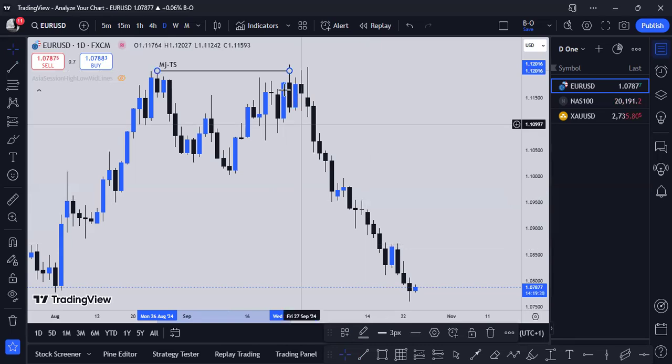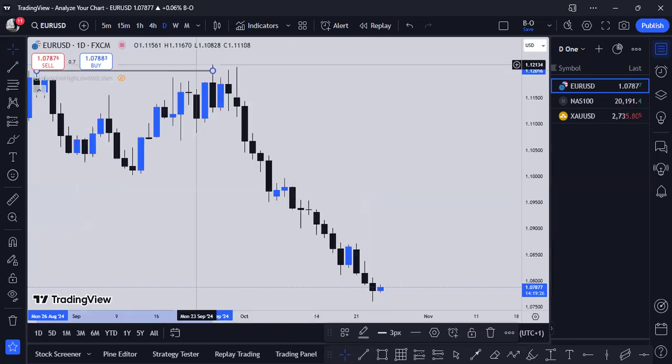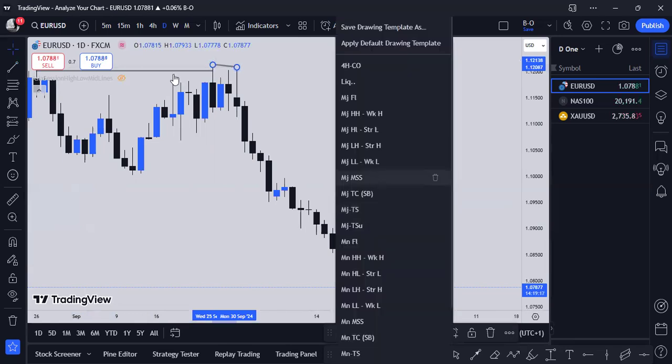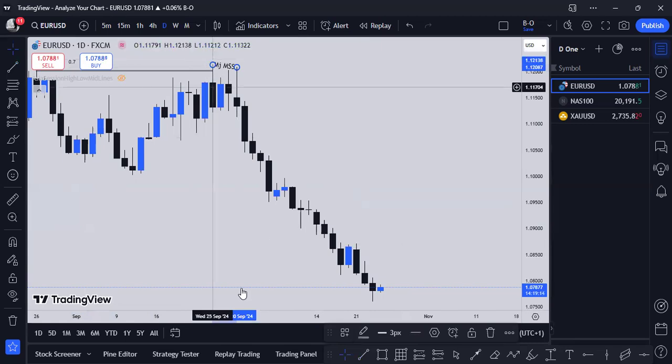So looking closely here, after taking the liquidity, we have a shift, which is a major MSS, shifting from uptrend to downtrend.